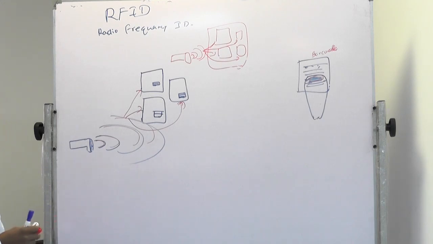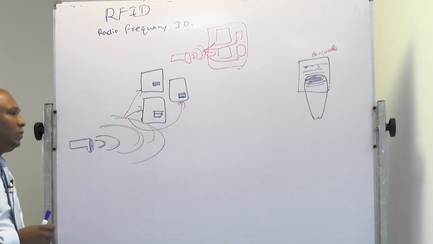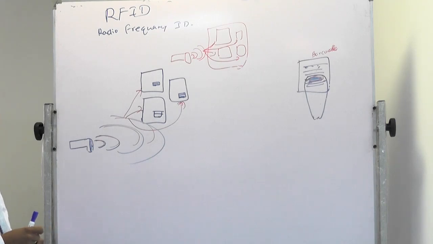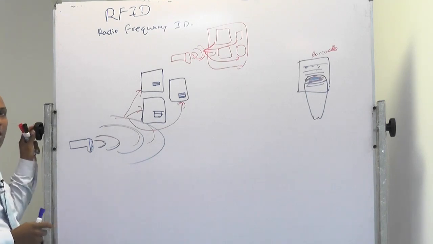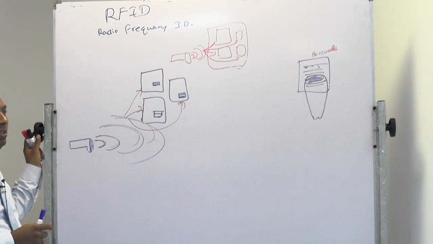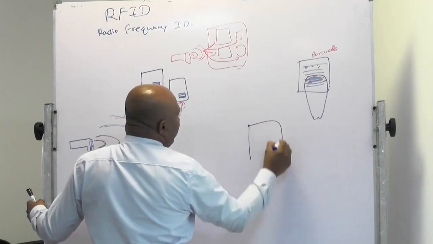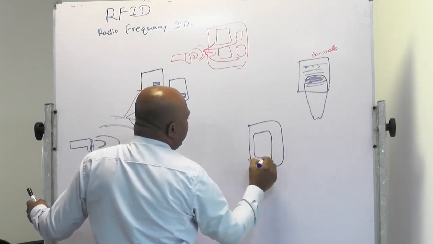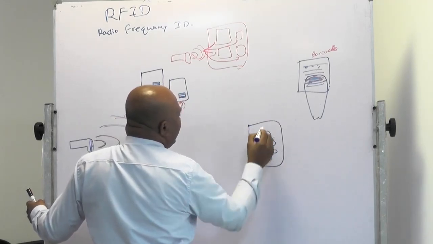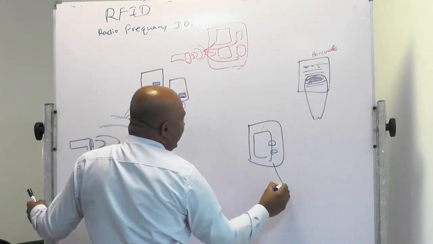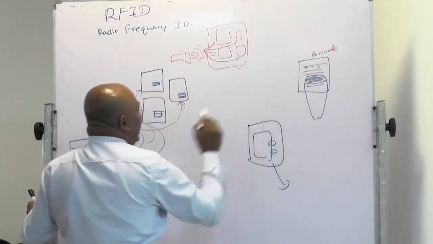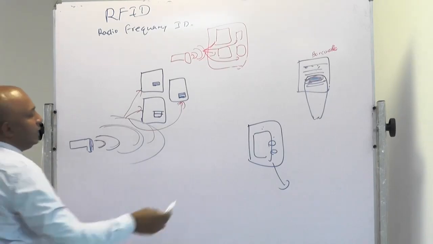When a car goes inside, through the RFID mechanism they identify that the car is parked. When it leaves, they identify that the location is empty.